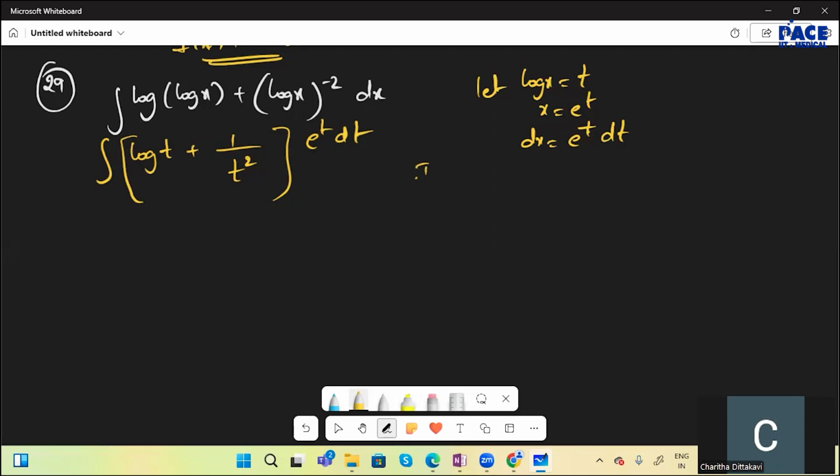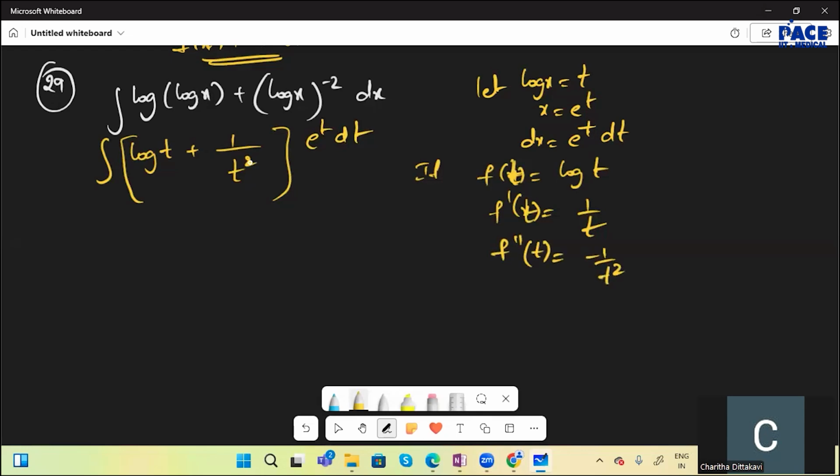All right. So if I consider f of t to be log t, what will be our f dash of t? 1 by t is what we have. But that is not showing our 1 by t square, isn't it? So maybe I need to go with f double dash of t. So f double dash of t is minus 1 by t square.